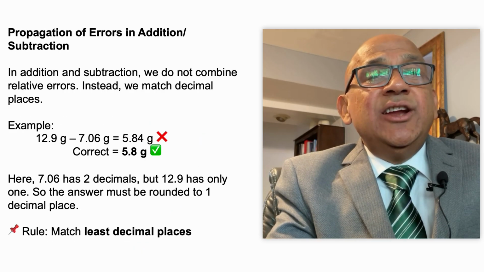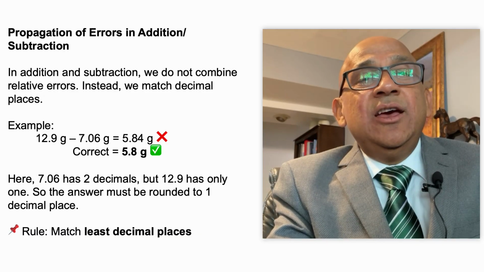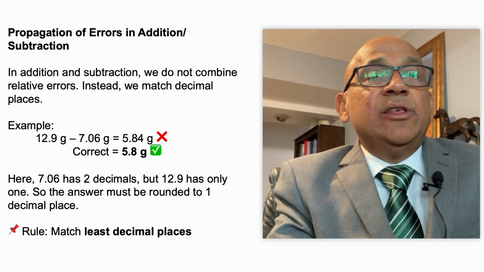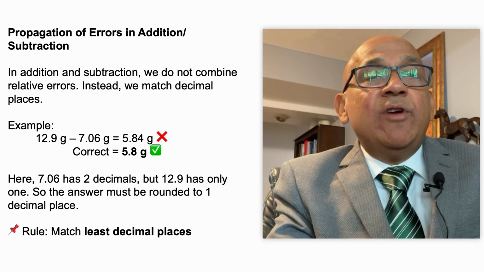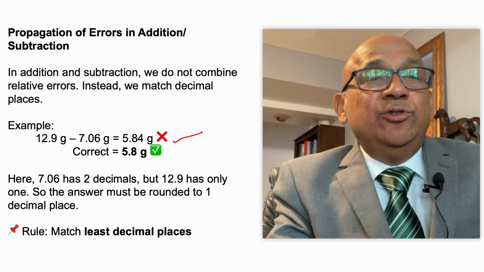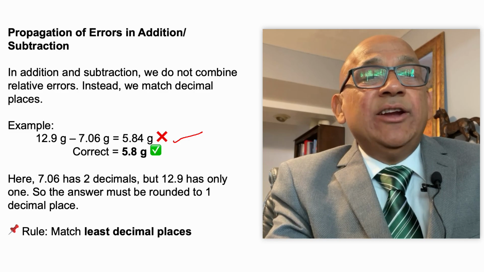Now in addition and subtraction, we do not combine relative errors, rather we match decimal places. For example, suppose you are subtracting 7.06 from 12.9, you get a number of 5.84.